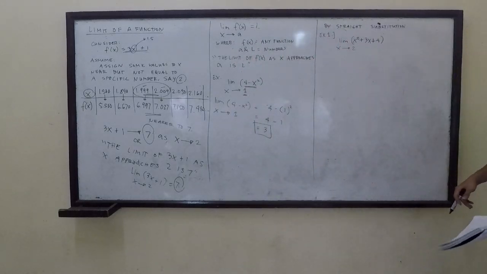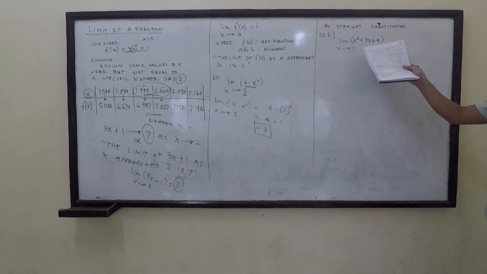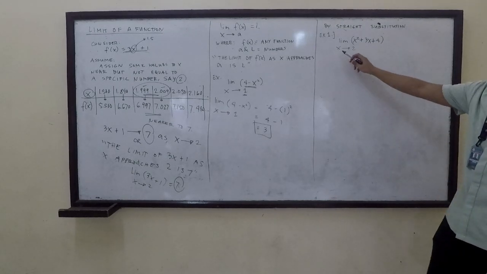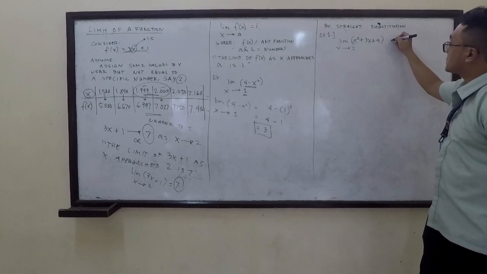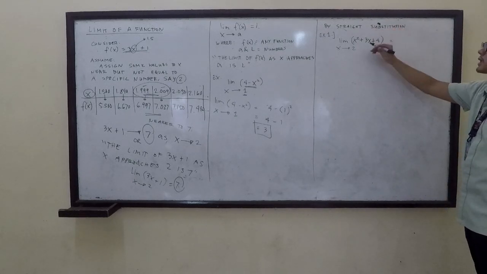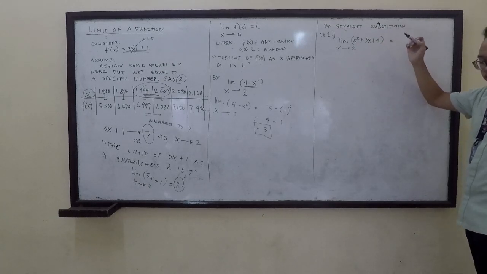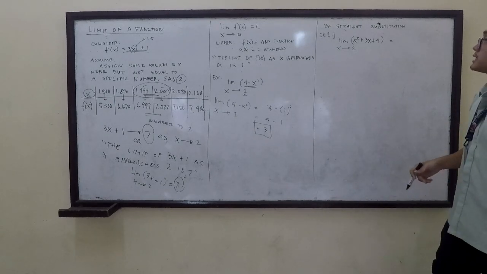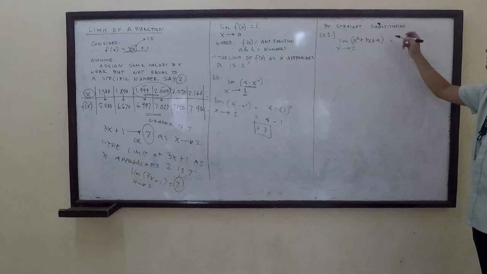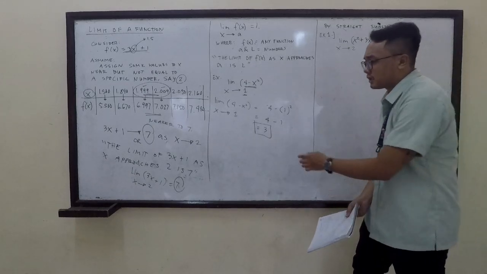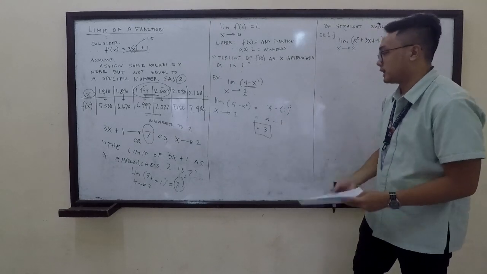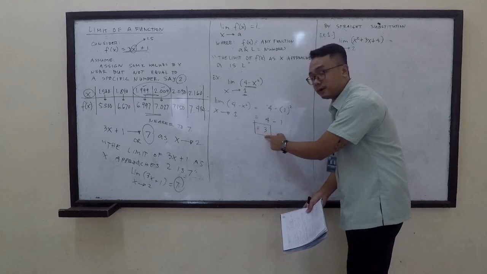Okay, so example number 1, we have another function, the limit of x squared plus 3x plus 4 as x approaches 2. Straight substitution means direct substitution, so we don't need the theorems on limits. We just substitute 2. Remember, it is not exactly equal, but very close to the value.